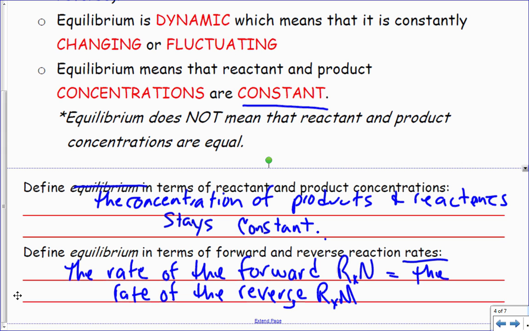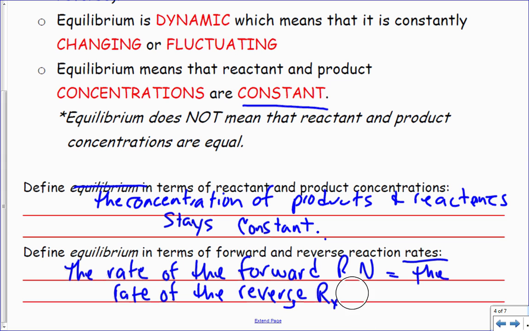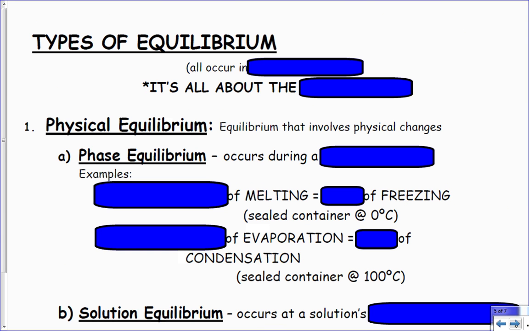Oops, that's an N, not a W or an M. I like to do capital R, little x, N for reaction, so you know that's a little bit of shorthand. Okay, but it's the rate.